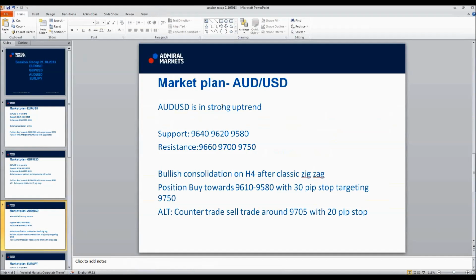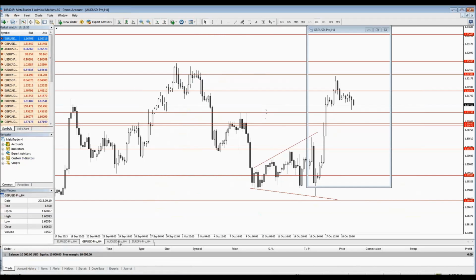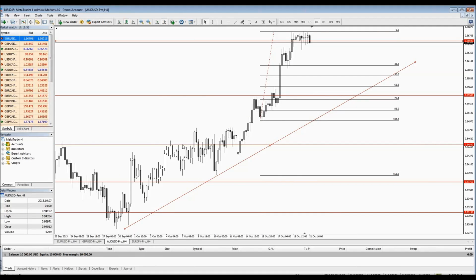Now Aussie. We have a strong uptrend in Aussie. Support and resistance levels. We have very close support and resistance here. This is Aussie. This can be treated as resistance, but this can also be treated as a support. It didn't break clearly yet because we have here 96.40.